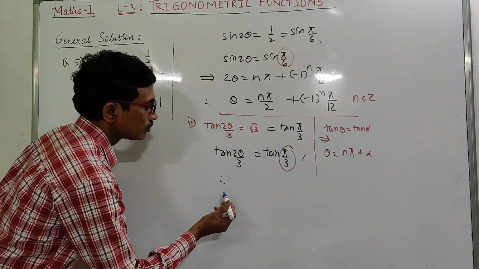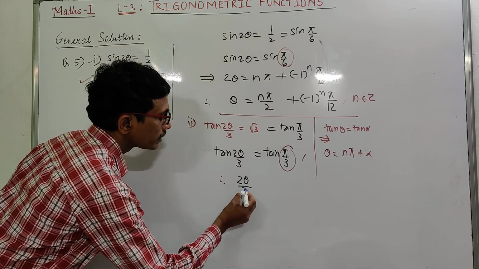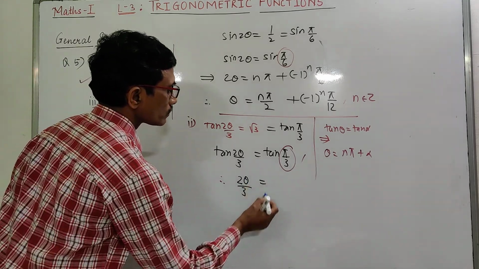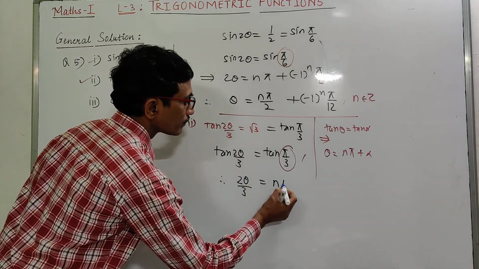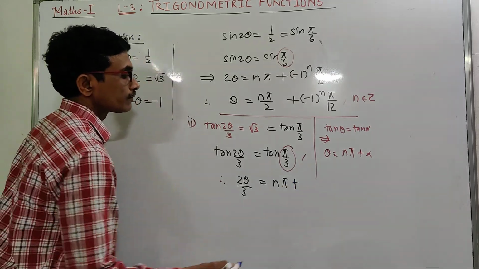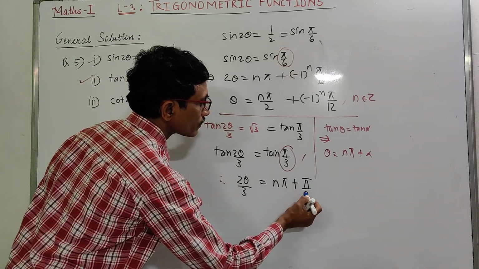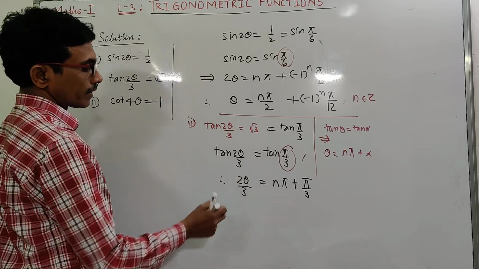Therefore 2 theta upon 3 is equal to n pi plus alpha. Alpha is pi by 3. Now we require theta only.